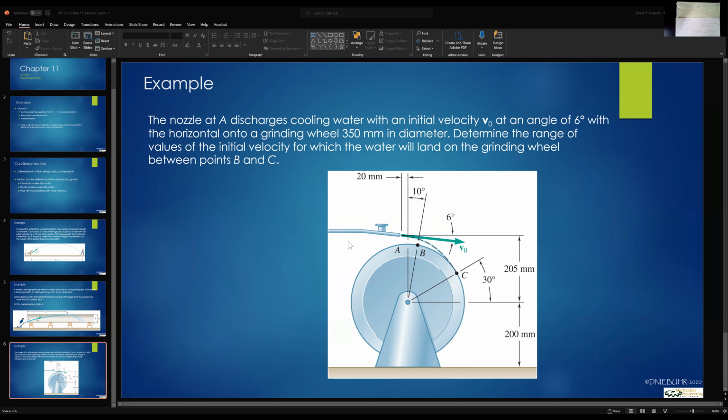We know that the water comes out at a -6 degrees angle, and we know where points B and C are. What we're trying to figure out is the range of the initial velocity of the water such that the water either hits B or hits C. So basically V to hit B, V to hit C, essentially a lower and a higher bound. Again, we have X motion with no acceleration, and Y motion only with gravity working.